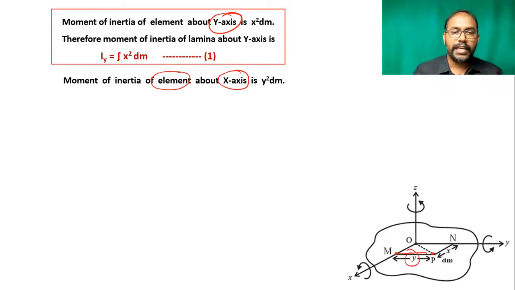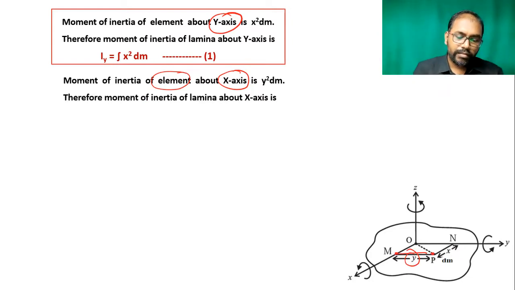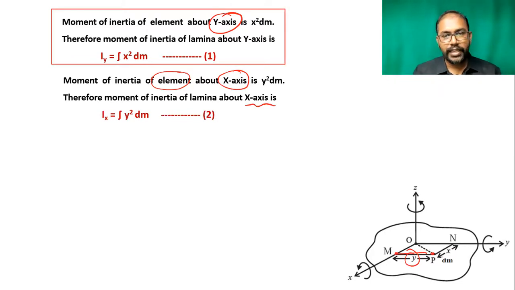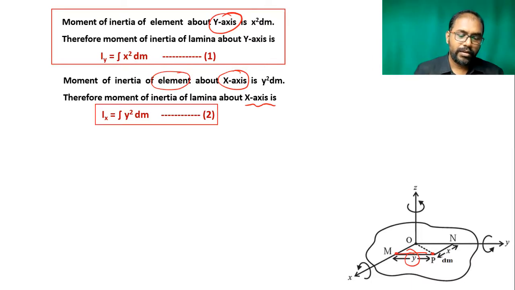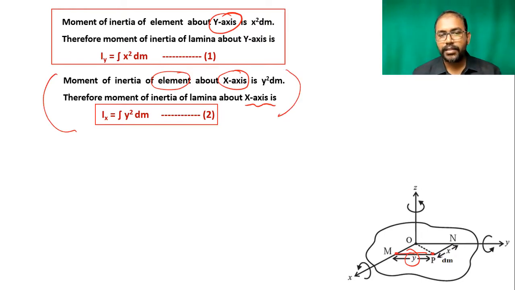So y square dm. Here the word element is replaced by lamina. Then we can write integration of y square dm, and that we can represent by Ix. The same wording, only here the y-axis is replaced by the x-axis.